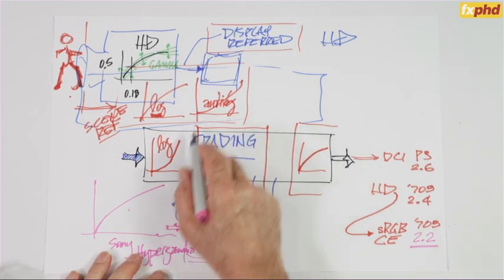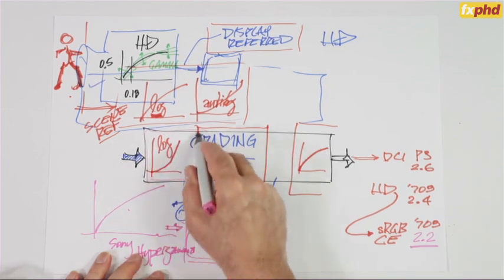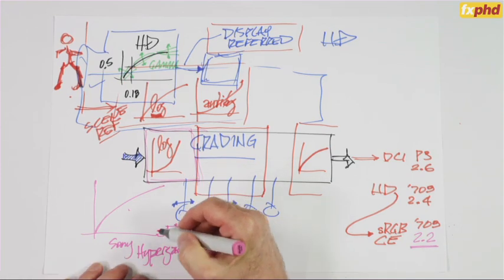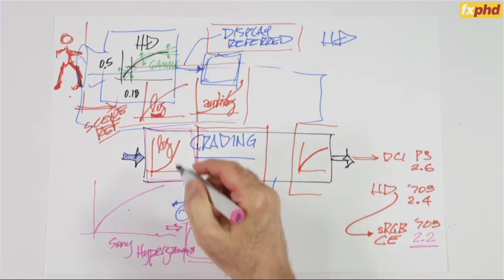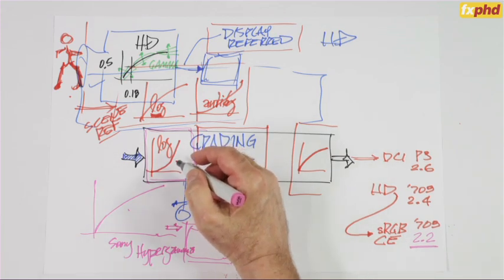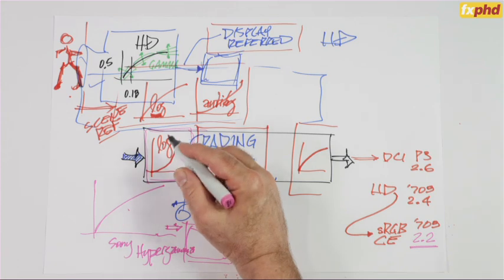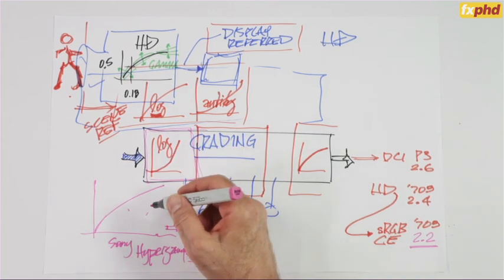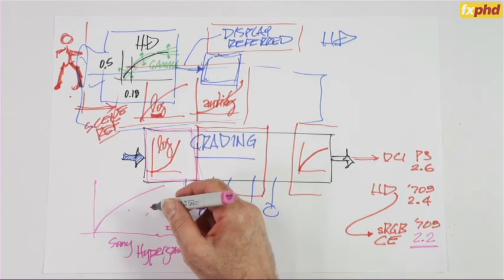You don't know how to invert it at the front end of the grading operation. Now, people have shot movies in hypergamma, but the VFX and CGI work on those movies is a nuisance because the VFX really has to figure out how to invert that curve, even though Sony doesn't tell you how to do it.